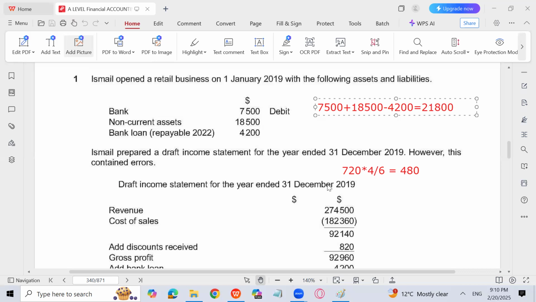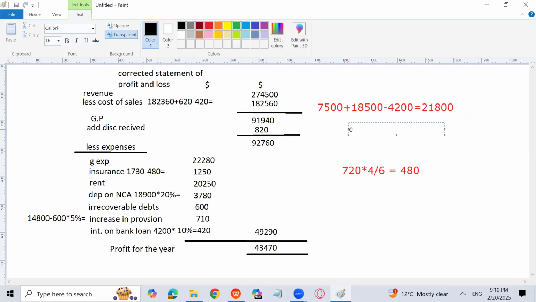Now you can calculate the capital at the end easily. Opening capital is 21800. Profit we will add to this, that is 43470, and we will subtract the drawings. There are two types of drawings.